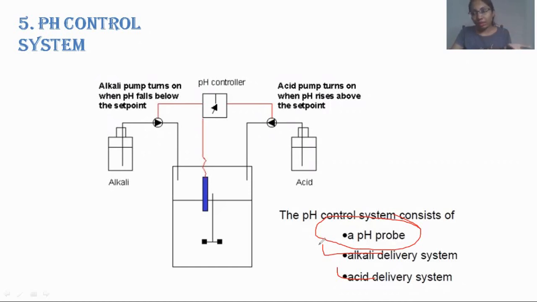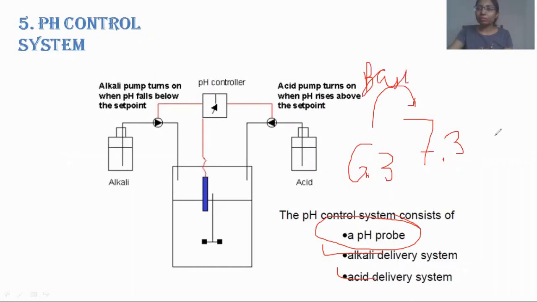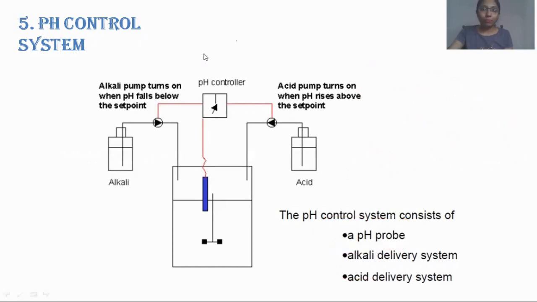If conditions are acidic, let's say you are working at a pH of 7.3 and the pH drops to 6.3, then there will be an addition of base. Let's say the pH has gone to 8.3, then there will be an addition of acid to bring the pH back to 7.3.